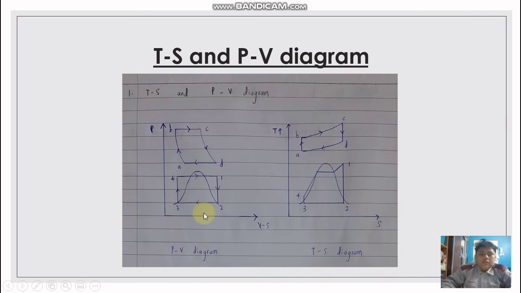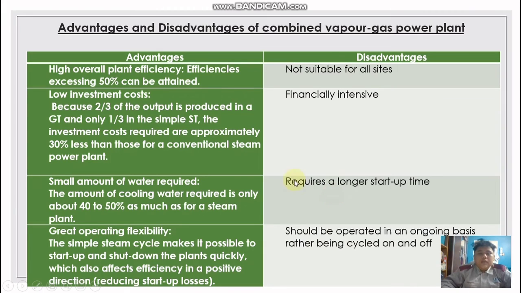And at the bottom side, this is the vapor power plant TS diagram, and this is the vapor power plant PV diagram. The properties are all the same, but the difference is only that it's combined.